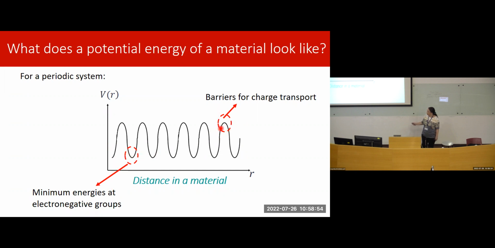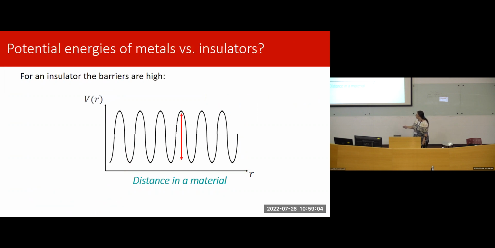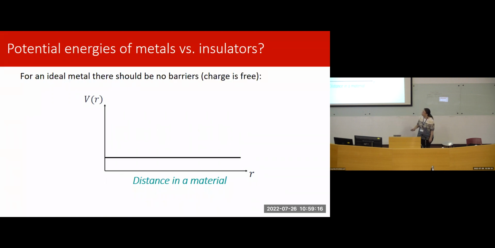And the barriers are the kinetic barriers, barriers that the electron needs to pass or overcome. The height of these barriers should intuitively be high if we have an insulating material. And for a metallic material where the electrons are essentially free, it should be flat, ideally.